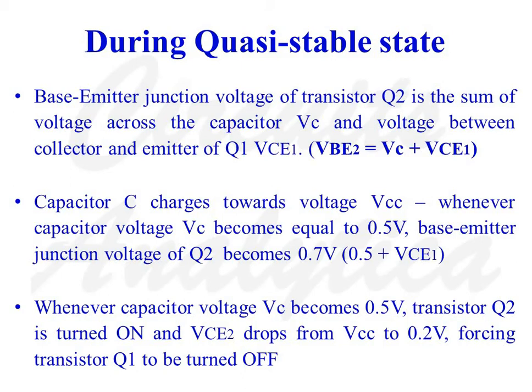Whenever capacitor voltage Vc becomes equal to 0.5 volt, base emitter junction voltage of transistor Q2 becomes 0.7, that is 0.5 plus VCE1, which is equal to 0.2 volt. That means whenever capacitor voltage Vc becomes 0.5 volt, transistor Q2 is turned on and VCE2 drops from VCC to 0.2 volt, forcing transistor Q1 to be turned off.